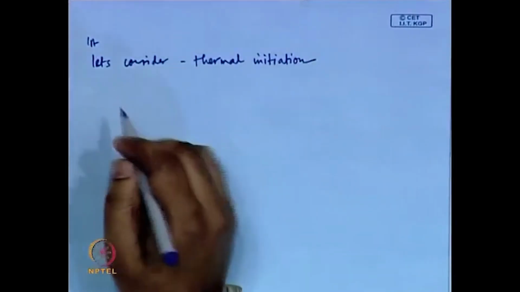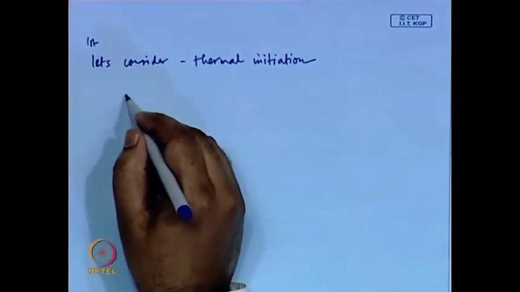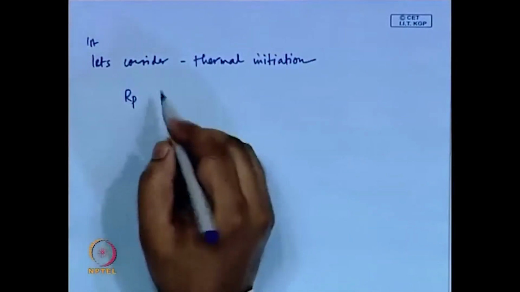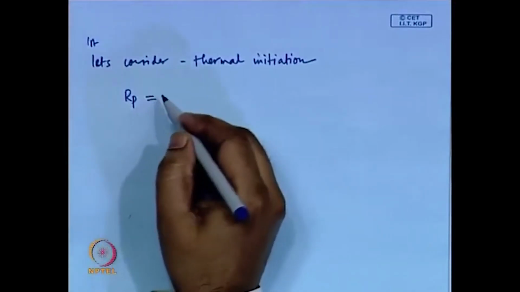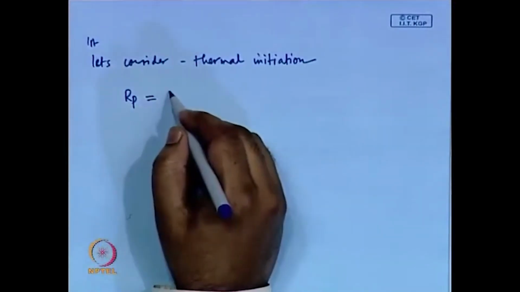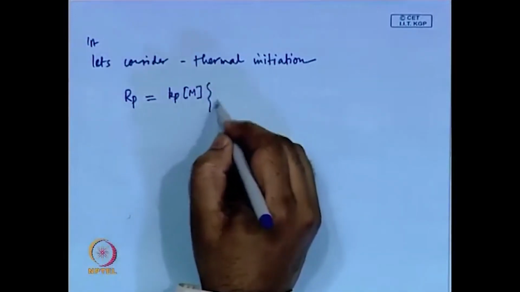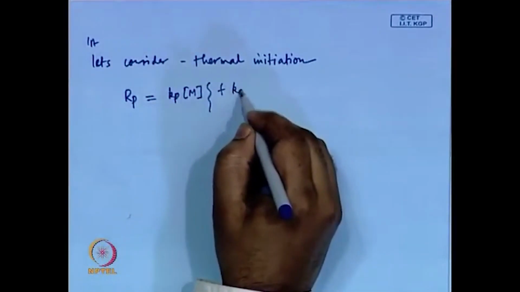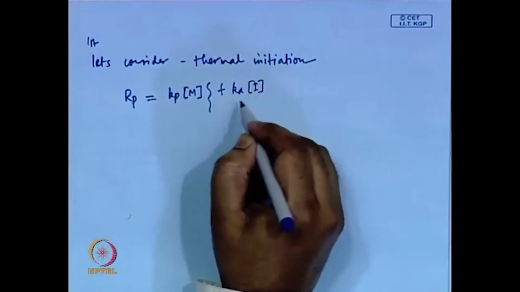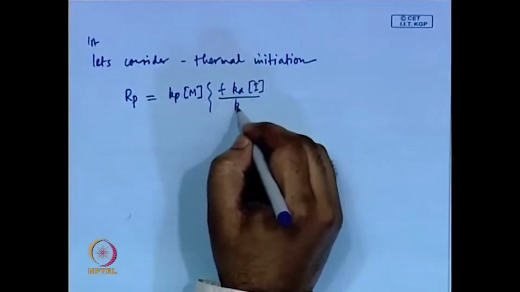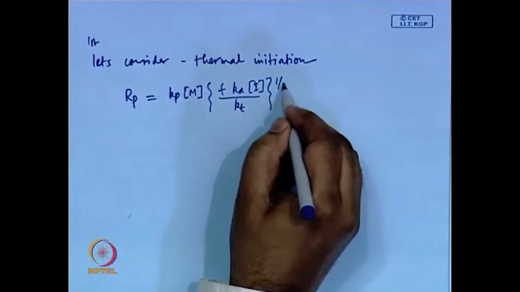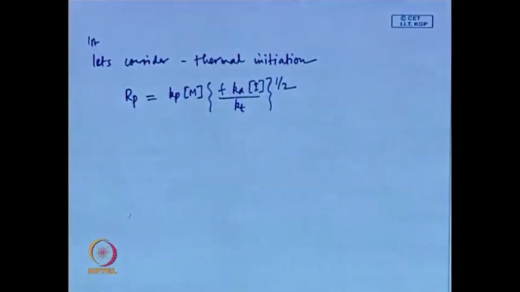We know that in case of thermal polymerization, Rp is given by Kp [M] (f kd [I] / kt) to the power half.